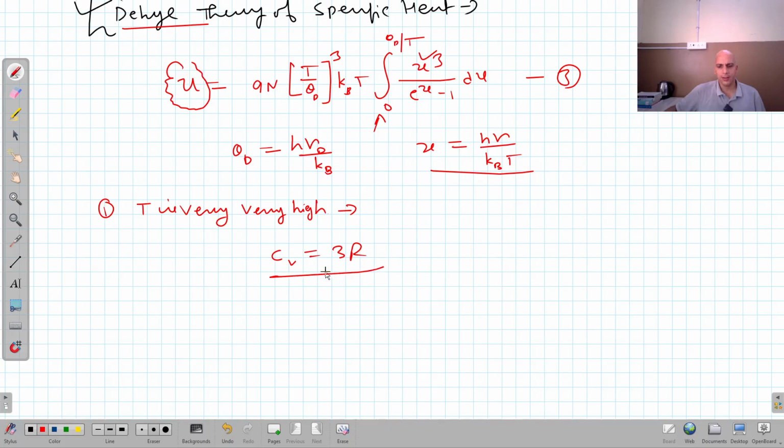It is constant; 3R means about 6 calories per mole per kelvin. So we got the same thing, that is Dulong and Petit's law.